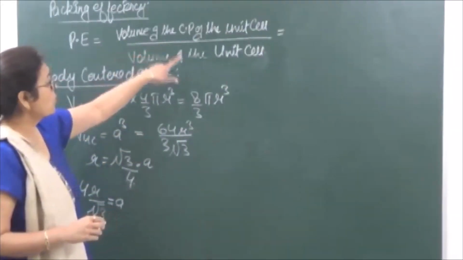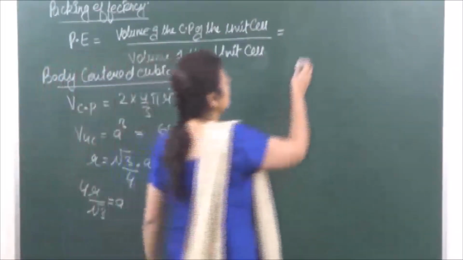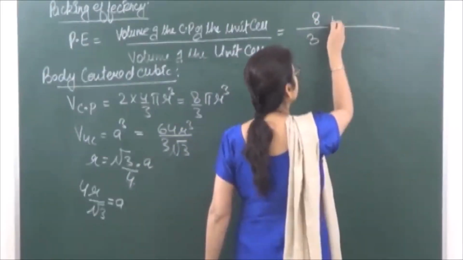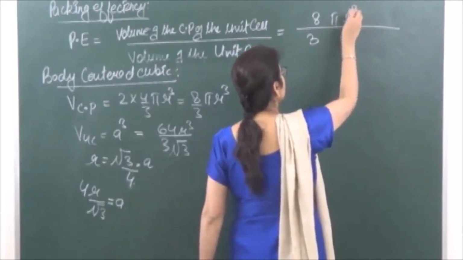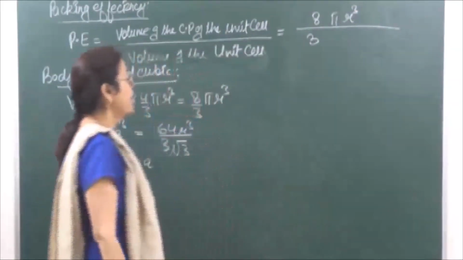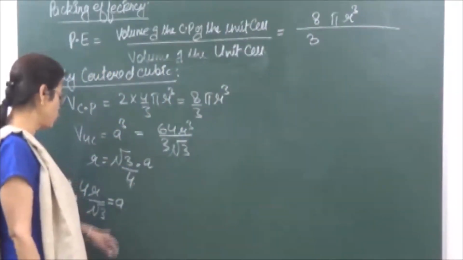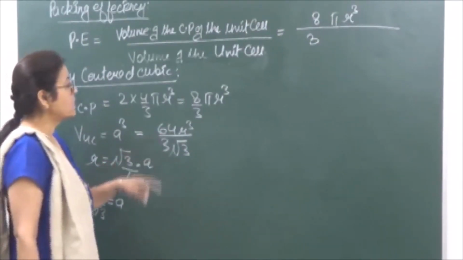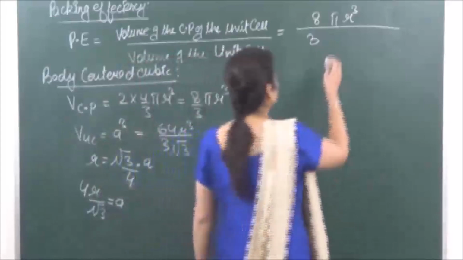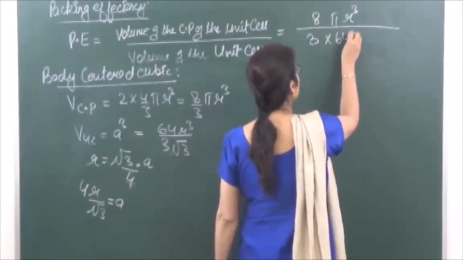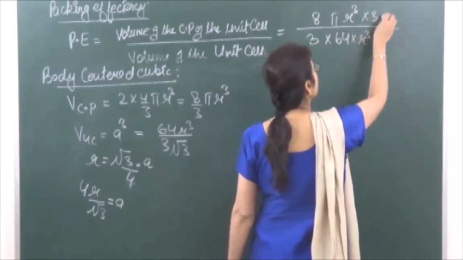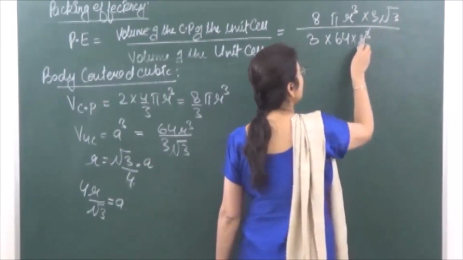What is the volume of the constituent particles? 8 by 3 pi r cube. The volume of the unit cell is 64 r cube upon 3 under root 3.